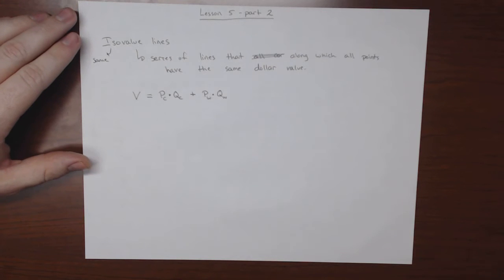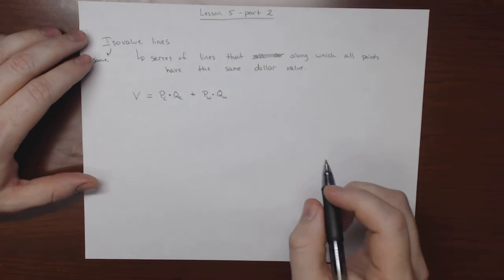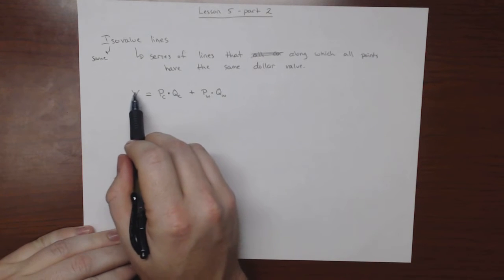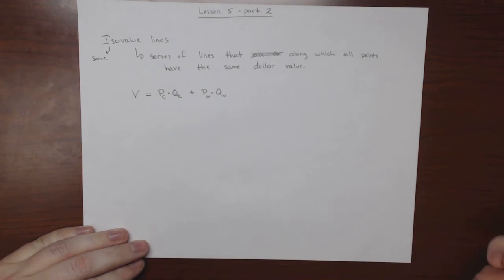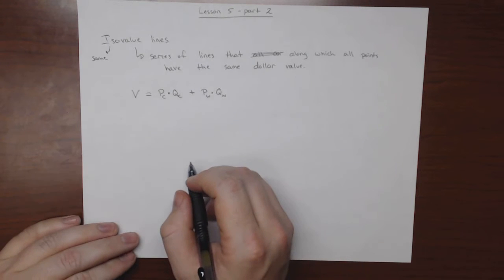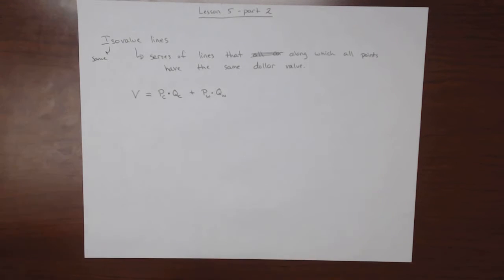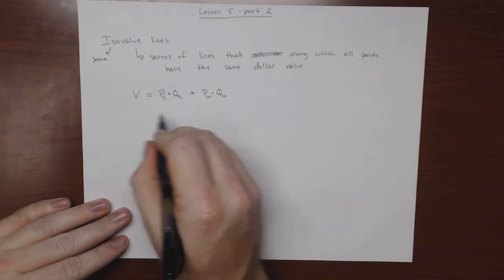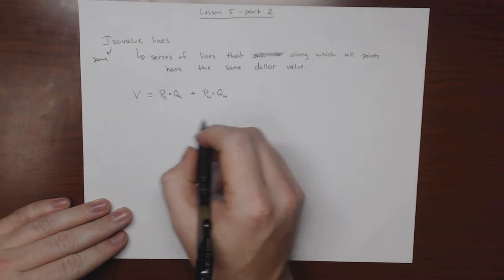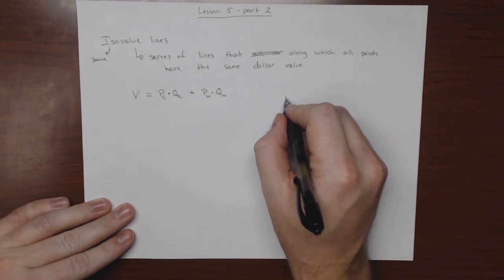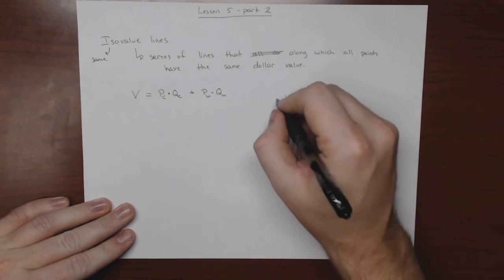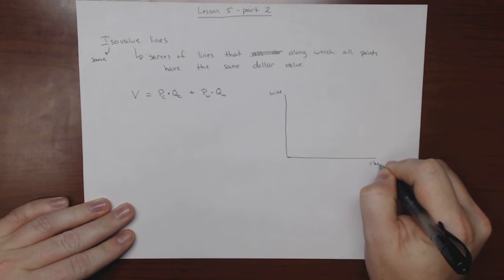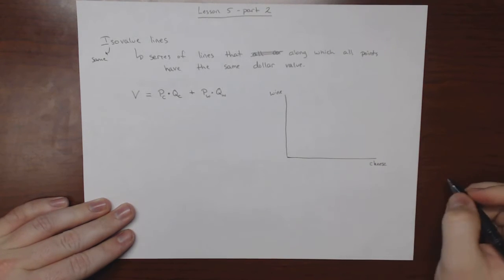Okay, and so what this is going to show us is all points along this line here are equally valuable. Now we can rearrange this equation to give us a more familiar equation for a line. Okay, so let's pretend that we're going to put wine on the y-axis and cheese on the x-axis.